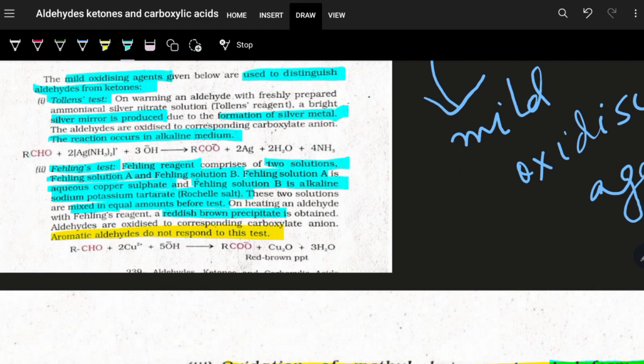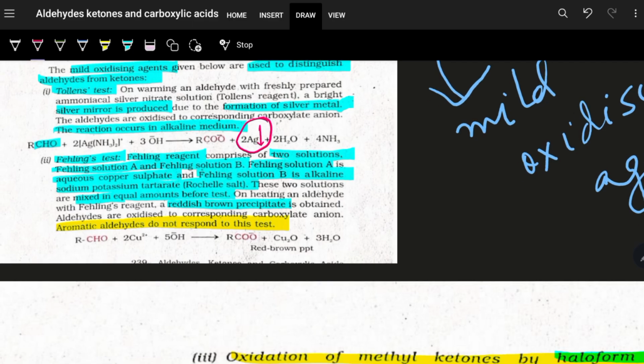See over here, again aldehyde reacts with Tollens reagent, 3OH minus is for ammoniacal medium, and you get a precipitate of silver, which is the silver mirror. And the salt is obtained as RCOO minus. So this is the side product, which is the carboxylate anion.